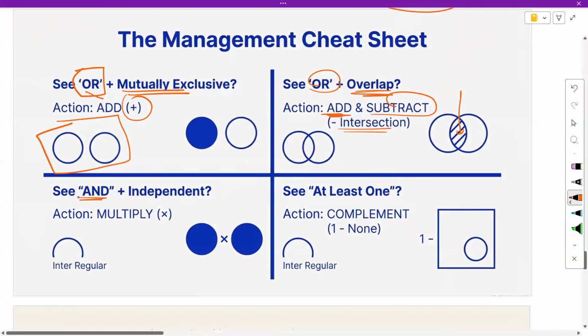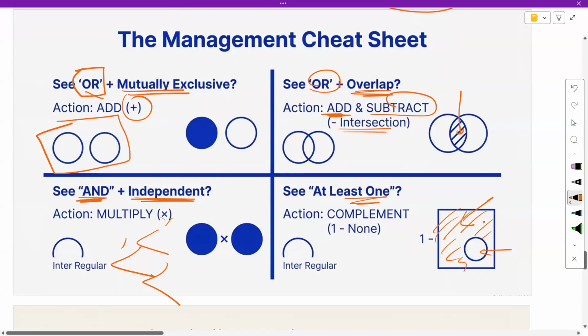And in the case of AND, it's independent, and the action is multiplying. Multiply. And at least one means the outside area. If you know the probability of the outside area, you can calculate this easily.